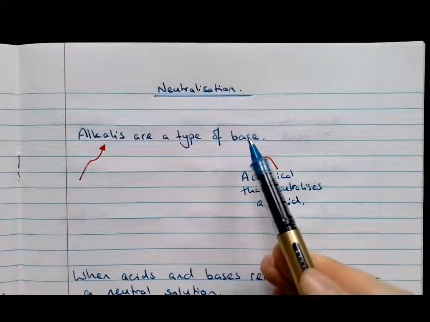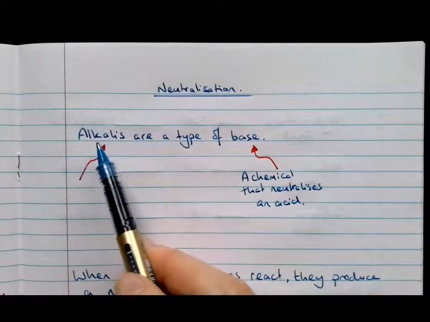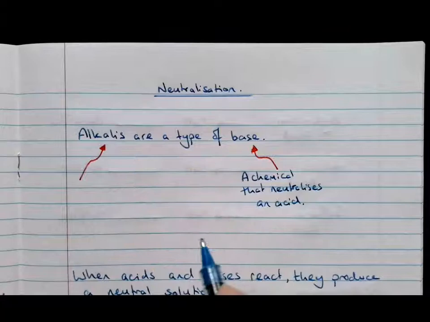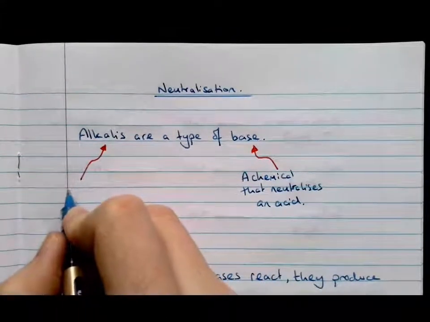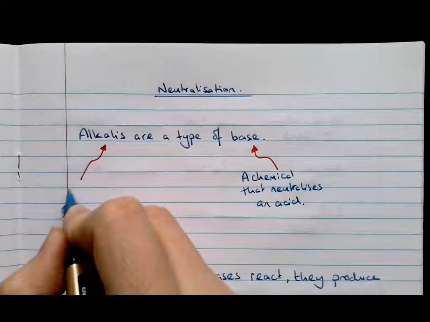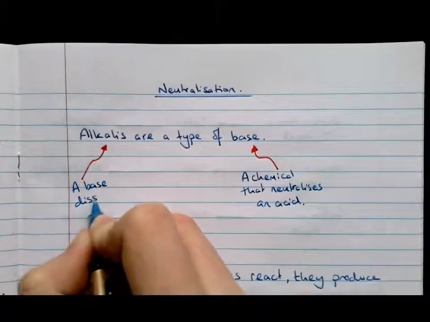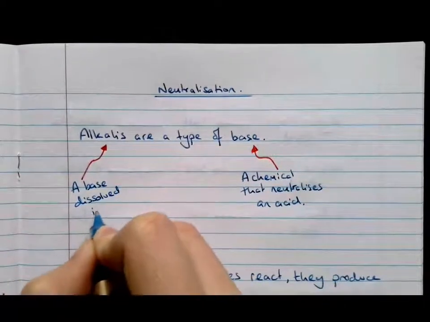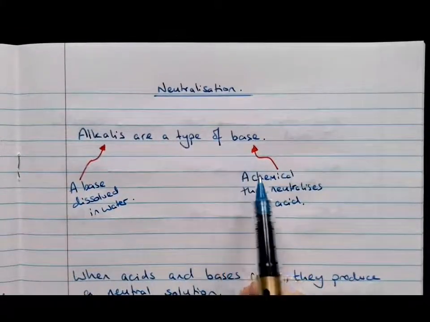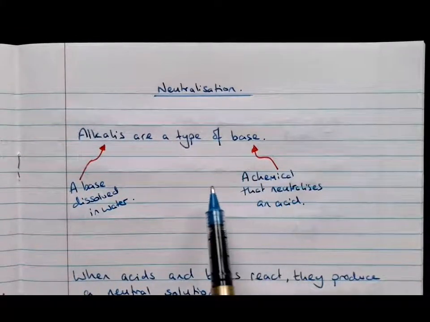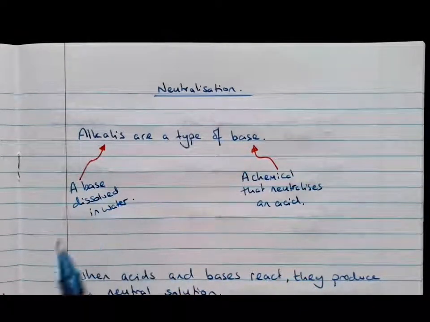You might have thought before that a base was an alkali. But actually an alkali is one type of base, and it is the type of base which is dissolved in water. So all bases will neutralize acids, and alkalis are one type of base where the base is dissolved in water.